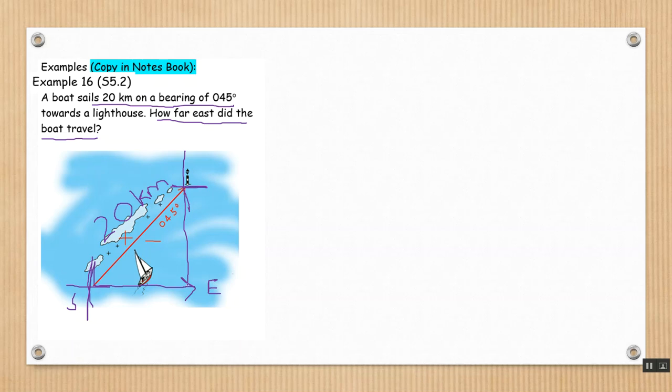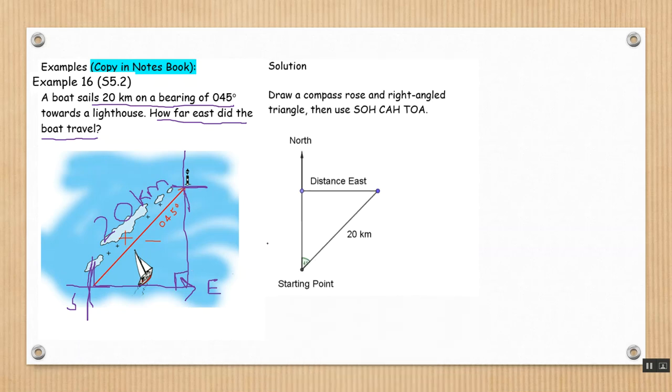So we make a right angle triangle and use trigonometry. Use SOHCAHTOA. So the distance east is this way. So this diagram puts the triangle here, which is fine. Either triangle will get the correct answer. So distance east, that's our variable, we'll call it E. Starting point is here.